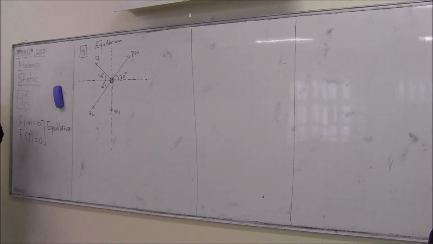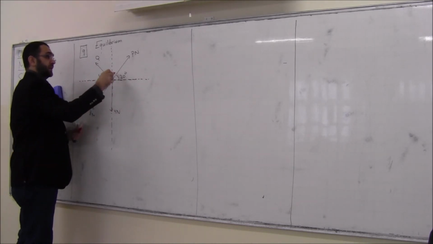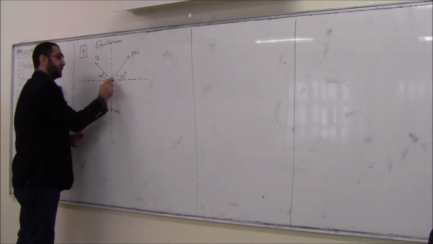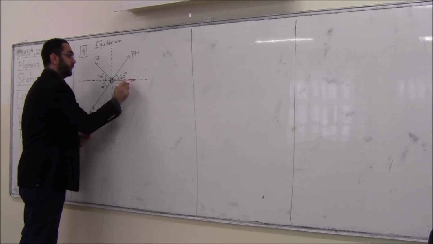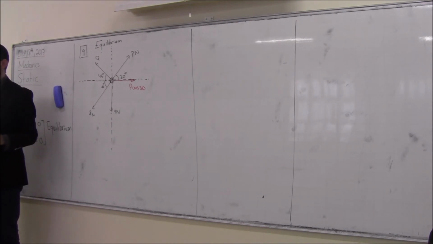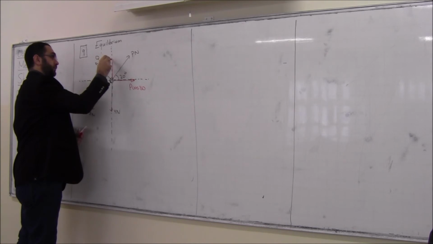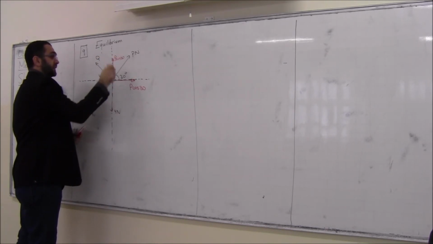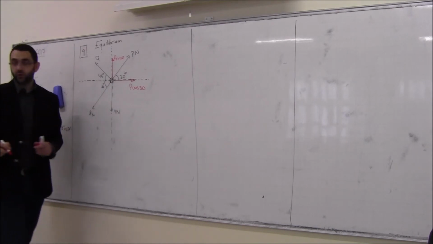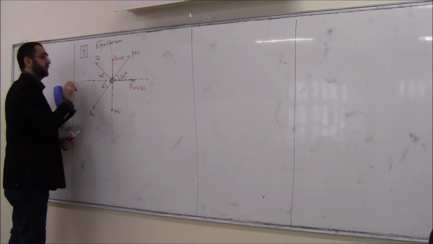First one here, the angle is given with the horizontal, so this becomes P cosine 30. Here, P sine 30. The angle is given with the horizontal, so it becomes P cosine. Clear? So the other component is P sine.